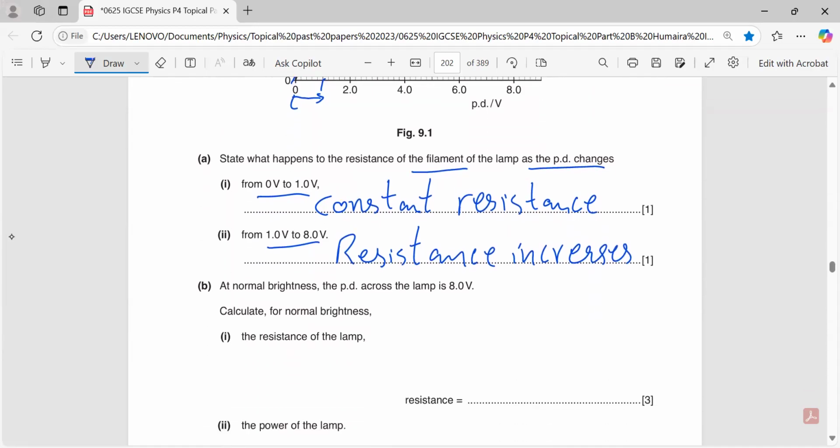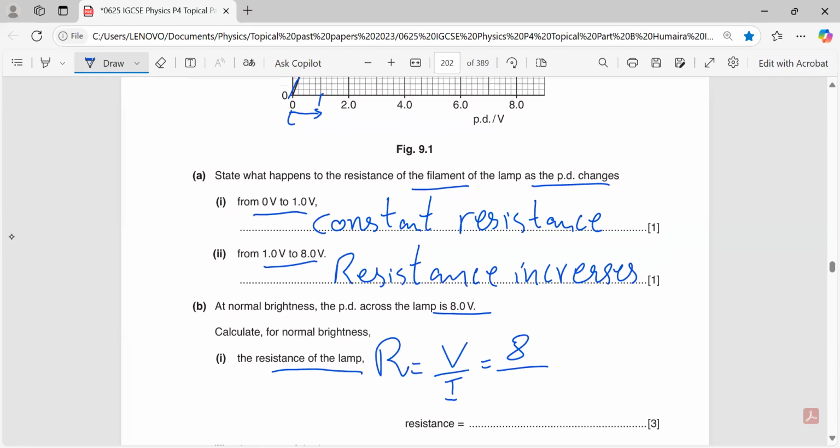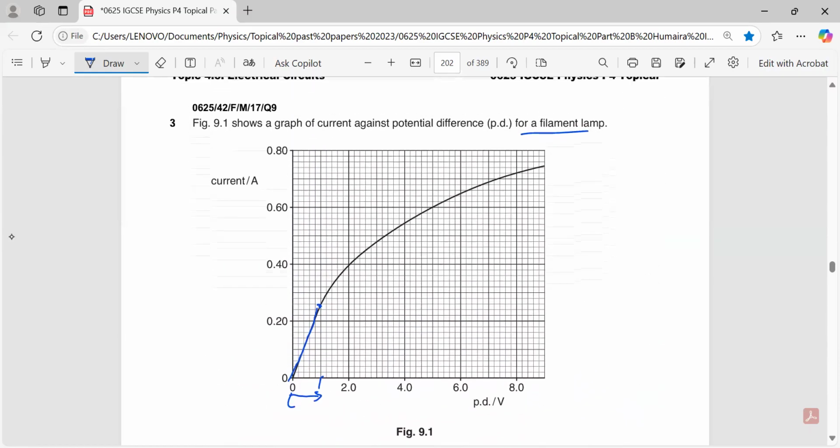At normal brightness, the PD across the lamp is 8 volts. Calculate for normal brightness the resistance of the lamp. To calculate the resistance, we need voltage and we need current. They give us the value of voltage and we can take the value of current from the graph. You can see that this is the point on the graph at 8 volts.